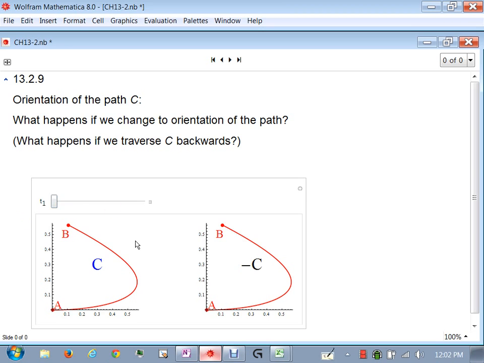So here I go from A to B, but I could actually go backwards and go B to A, right? So if the curve in one direction we call C, traversing it the opposite direction, we say negative C. It means that path, opposite direction. Okay?